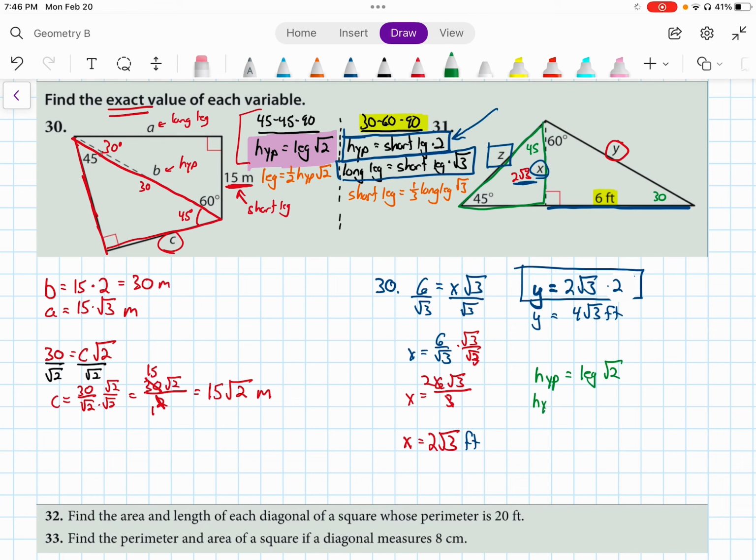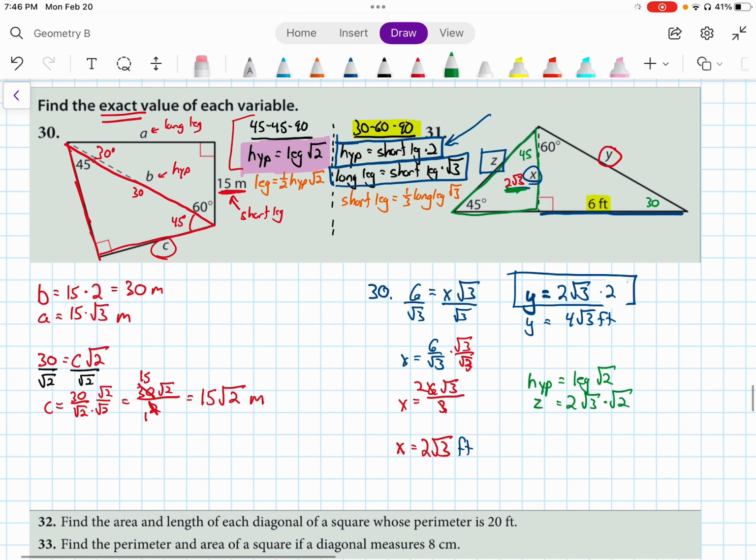We know a leg is 2 times the square root of 3 times the square root of 2. And so the hypotenuse over there, which is letter z, let's put that in there. So z equals 2 times the square root of 6 feet.